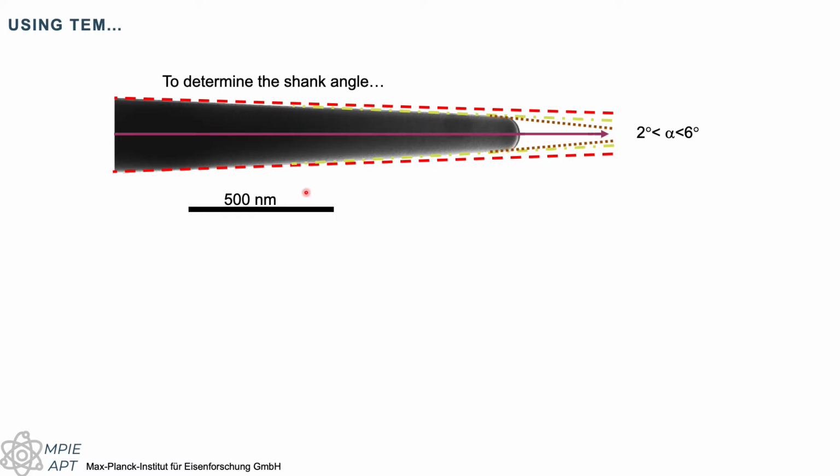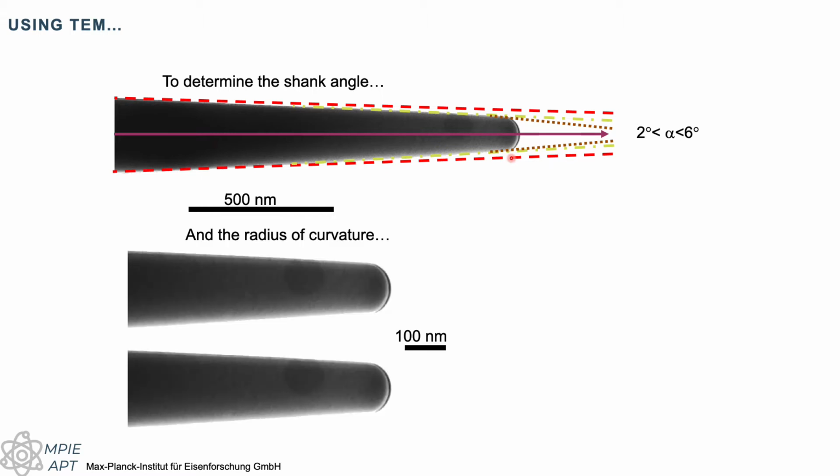And I mentioned this in the previous lecture. It's not necessarily very straightforward, actually, to decide which is the SHANK angle that we should use. And we are going to analyze a few hundreds of nanometers typically in a specimen. And you can see that there's even a continuous range of SHANK angles that might actually fit the outer shape of the specimen. So which one is the right one is difficult to say.